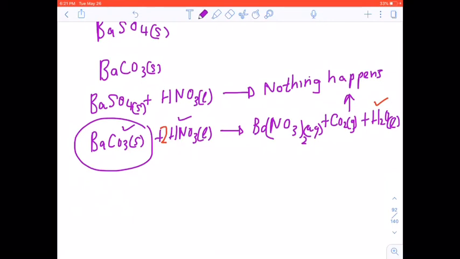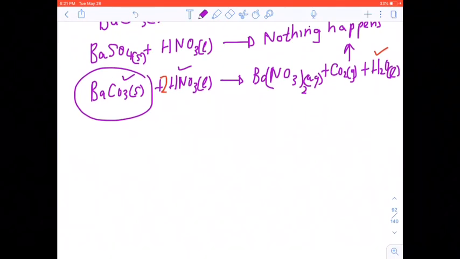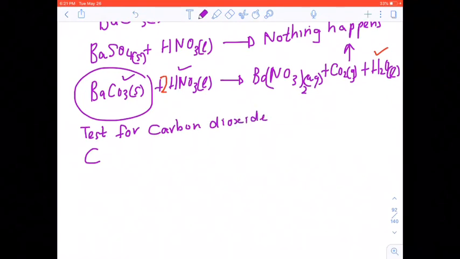Also, how do you know the gas is carbon dioxide? Test for carbon dioxide. How do we test for carbon dioxide? We know carbon dioxide changes clear lime water. So CO2, right?